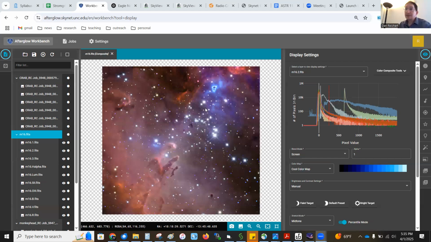And then you have the mid-infrared layers from Spitzer or WISE. It's going much farther out in wavelength, partway to the radio. And what that shows is the surrounding dust.